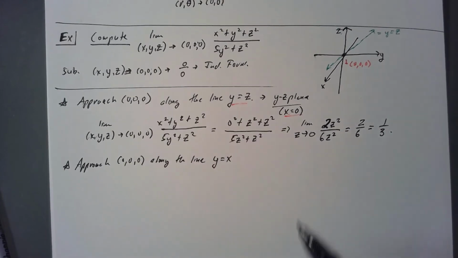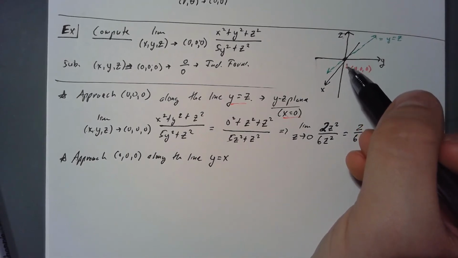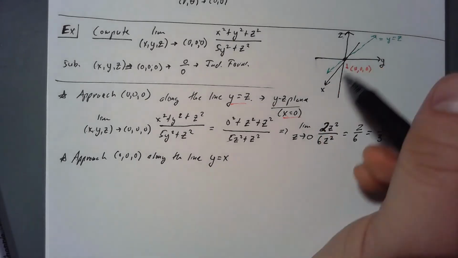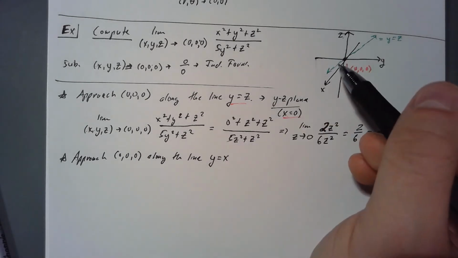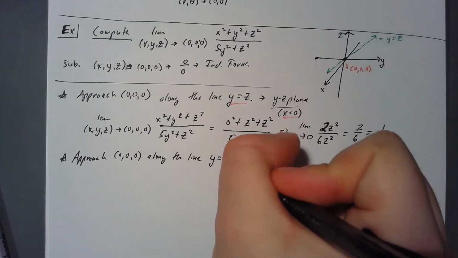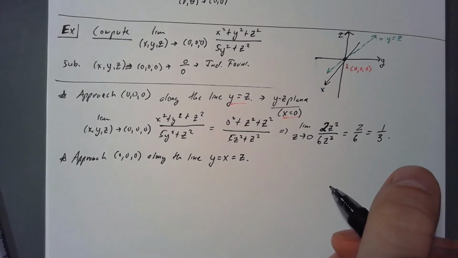Let's look at this. I want to try and approach 0, 0, 0, not just with x equals y, but what if I set all three of them equal to each other? What if I make x equals y equals z?